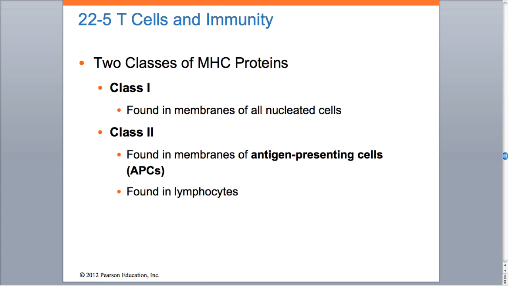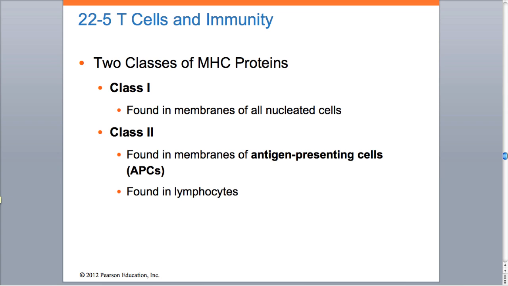We also saw a moment ago on a picture slide that level 3 can talk to level 4. So B cells can communicate with T cells. So B cells are also antigen-presenting cells. So if someone asks you on a test, what are the two major antigen-presenting cells? They are macrophages and B cells. So macrophages and B cells are your two main antigen-presenting cells.